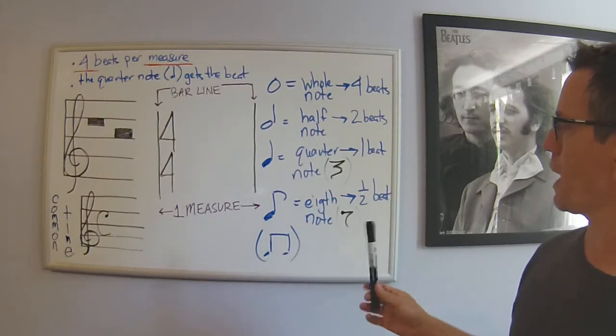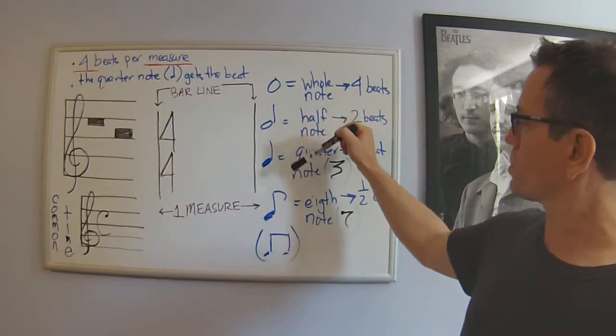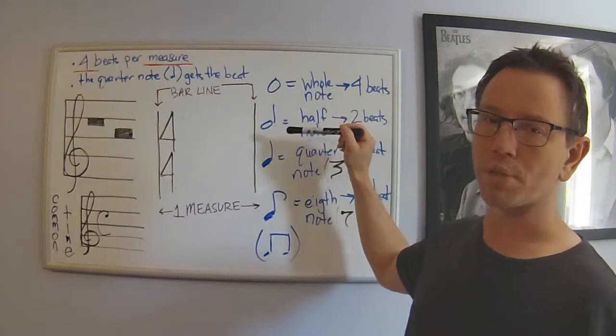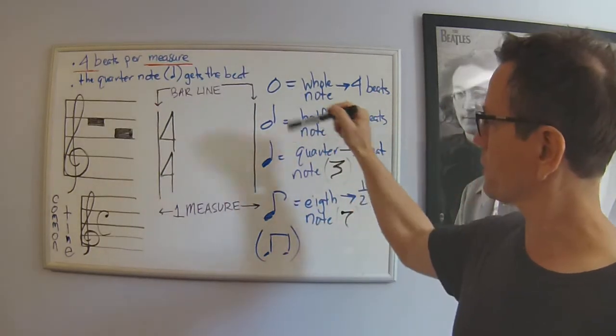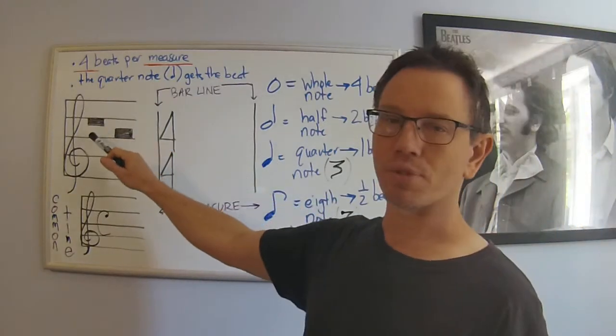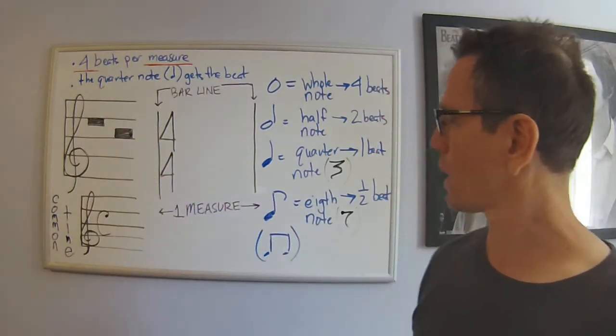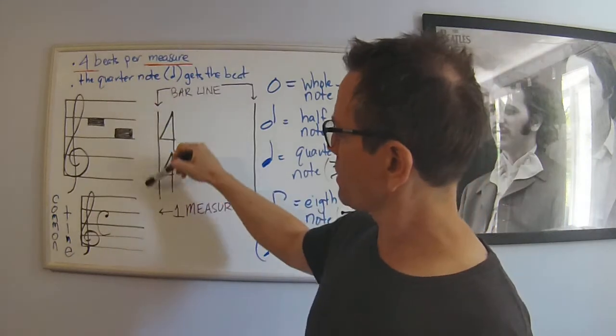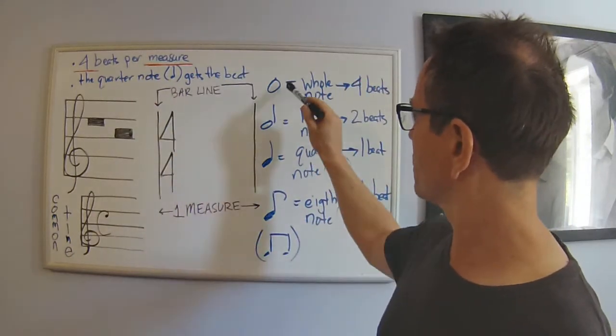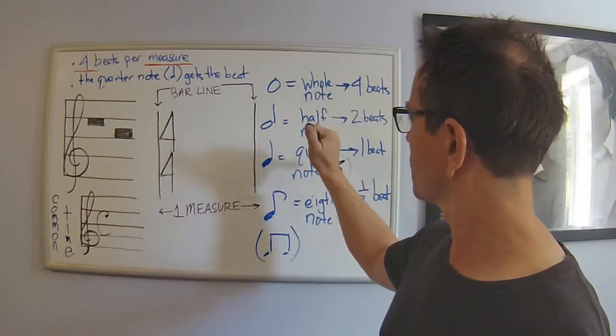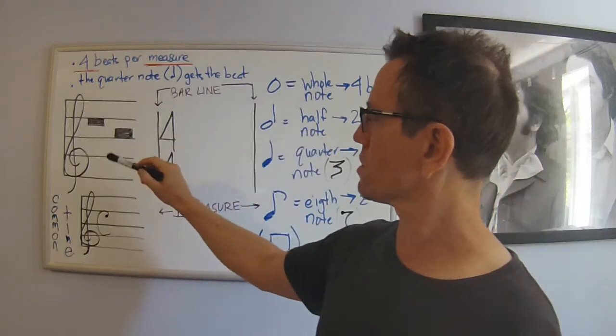And just like you have notes or symbols that tell you when to play and for how long, you have symbols that tell you when not to play, rests. So I wrote these on the staff over here because the whole note and half note rests look kind of similar.